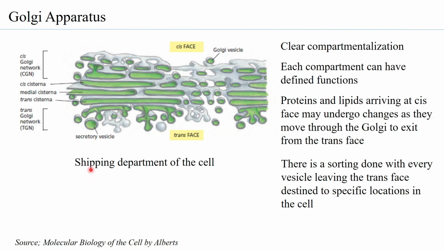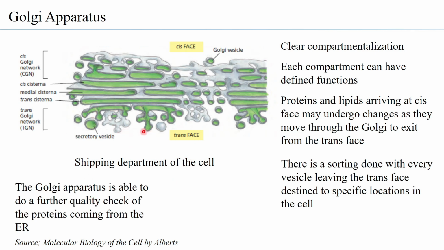Therefore, one also calls the Golgi apparatus the shipping department of the cell, because it takes up cargo, processes the cargo, packages the cargo, and then dispatches it to different routes.